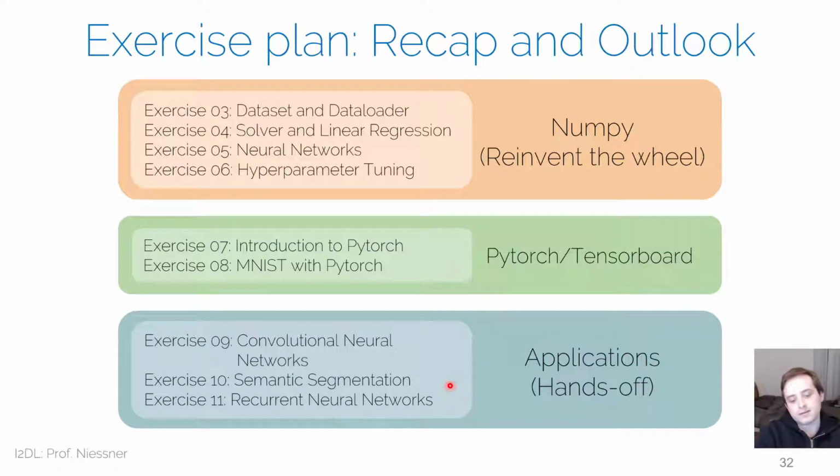So we will be diverting from simple MLPs or networks that are fully connected to different architectures or different concepts in deep learning that are aimed at solving specific tasks. So we will do convolutional neural networks for images, and we will use them to then solve semantic segmentation. And finally, we will do RNNs for time series data.